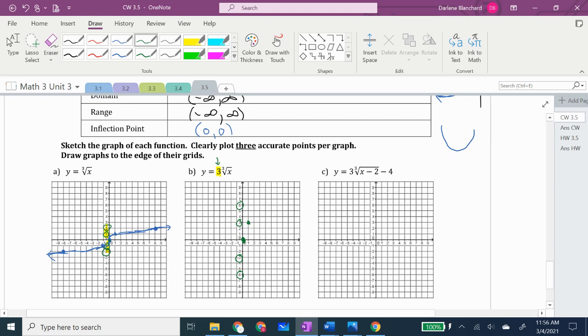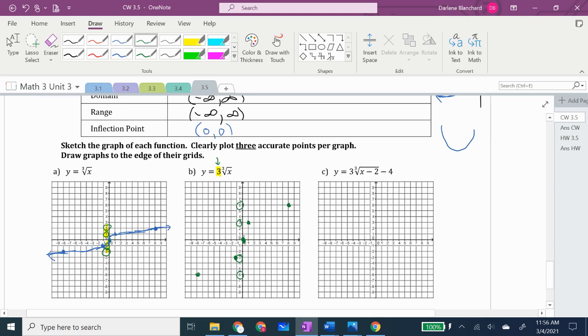Where I had the point (-1, -1), that now stretches to negative 3 for its y-coordinate. Where I had y-coordinate 2 for x equals 8, it is now 6 for x equals 8. And then negative 8 is having its y stretched to negative 6.